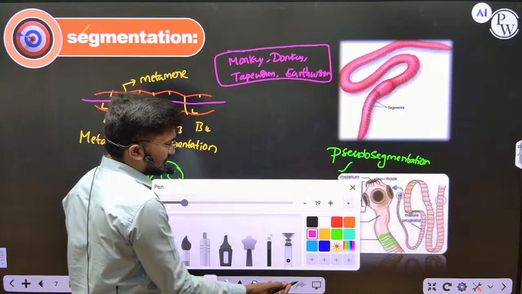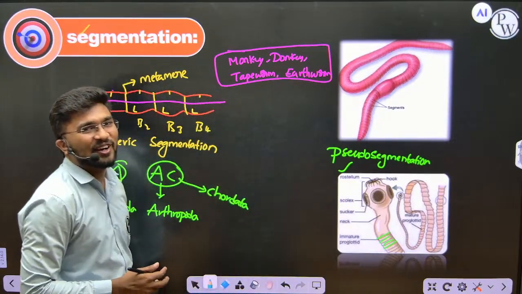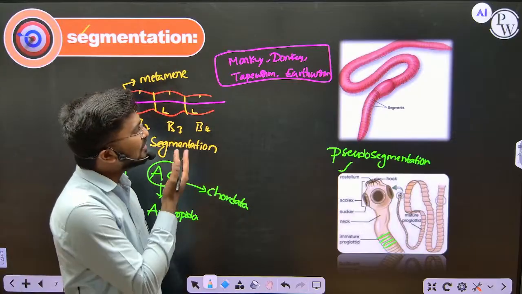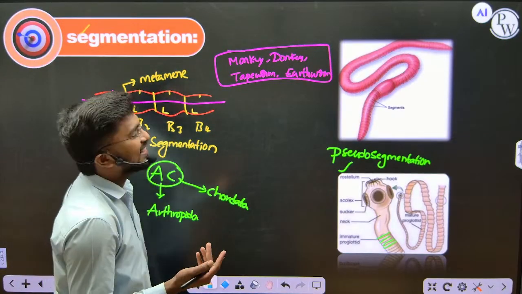The question is very simple: how many of the following animals are exhibiting metameric segmentation? What will be the answer? Easy, right? What I told you.